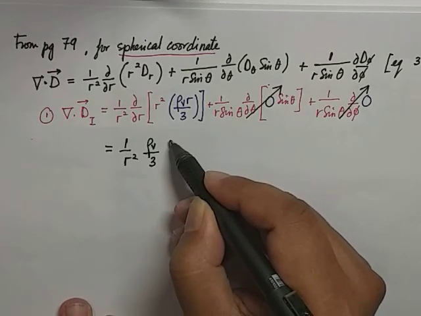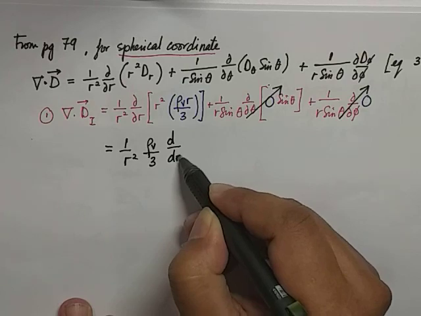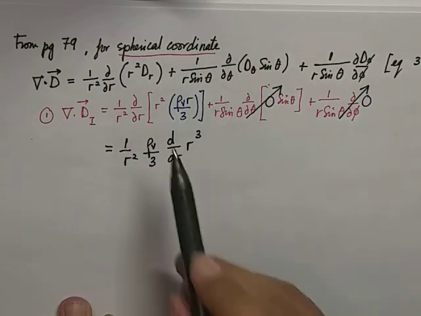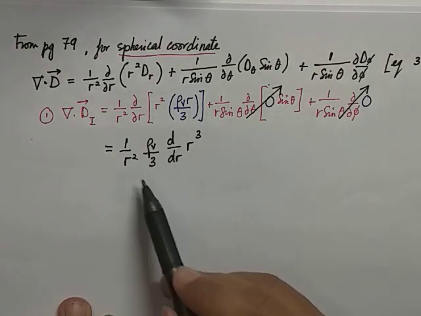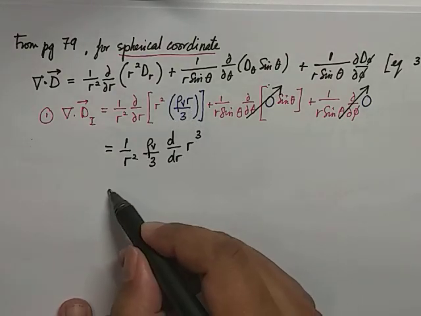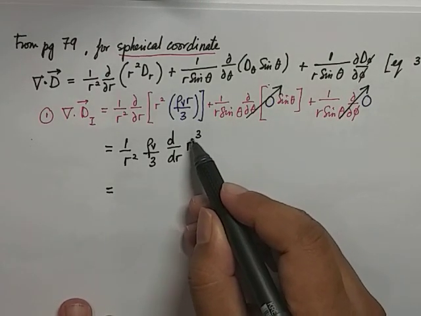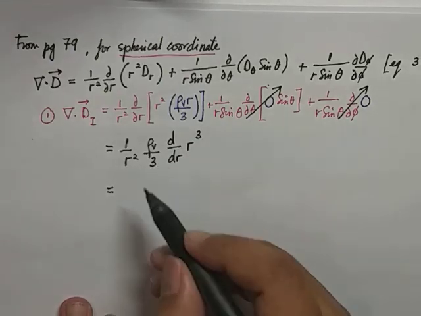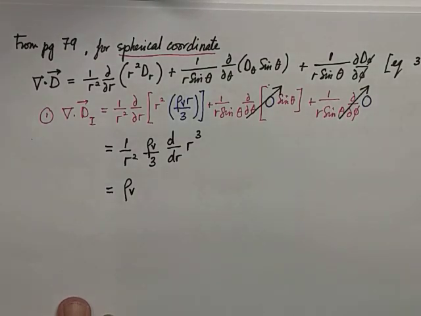And then we have d over dr of r cubed, because r squared multiplied with r gives us r cubed. When we solve it, we end up with 3r squared. The 3 and this 3 cancel out, r squared cancels, so we only end with rho v.